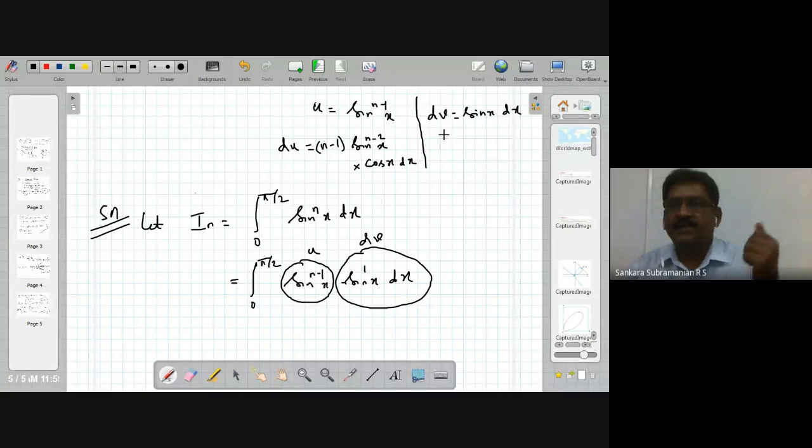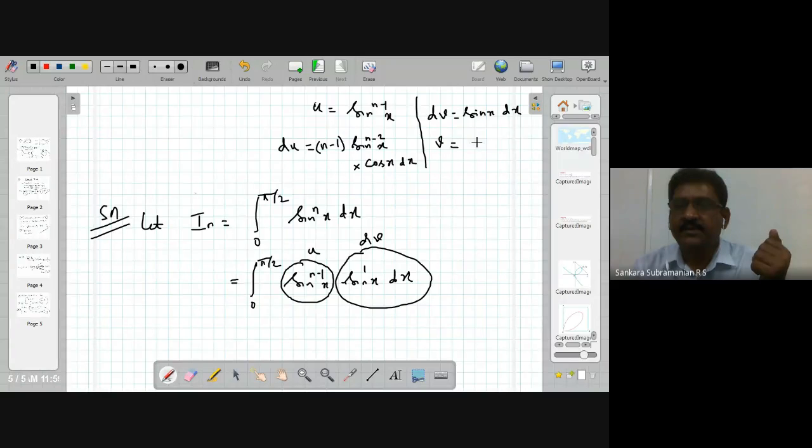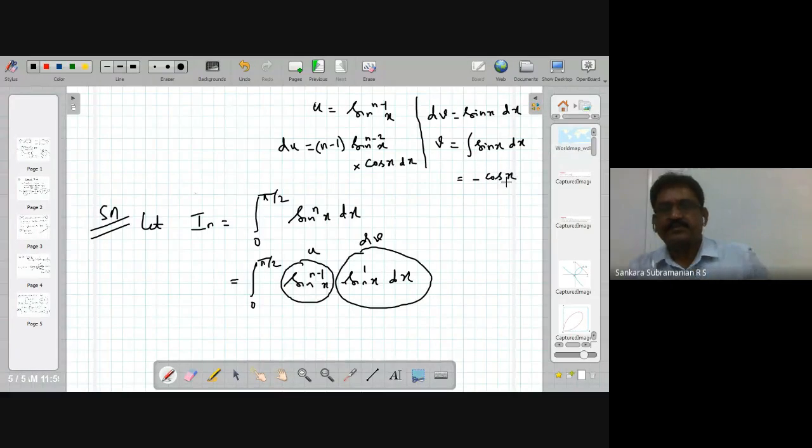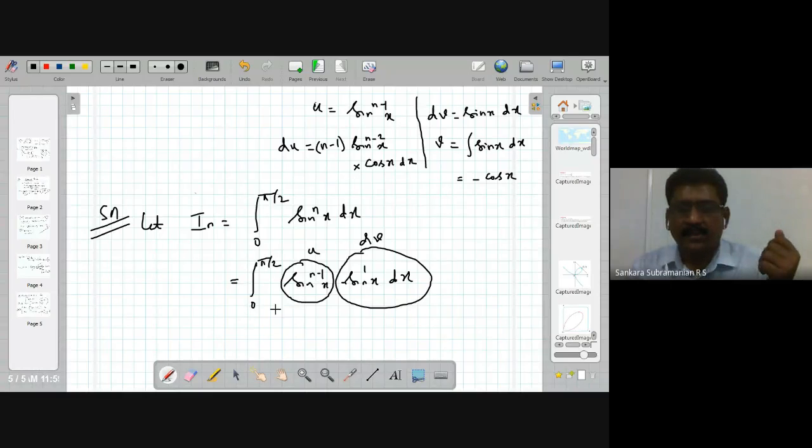And integrating, we get v equal to integration of sin x dx, so you get minus cos x. So let me go with the formula uv minus integral v du. Please note it down. This is over the limits 0 to pi by 2.